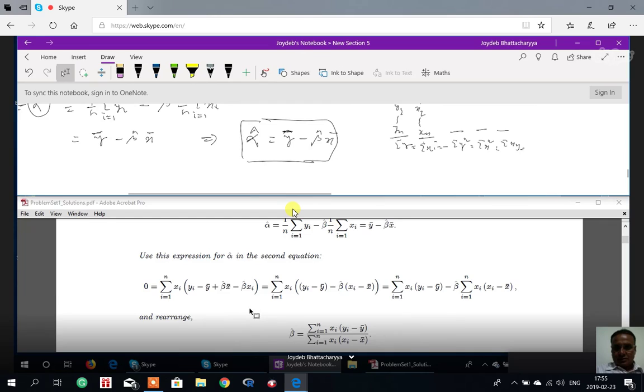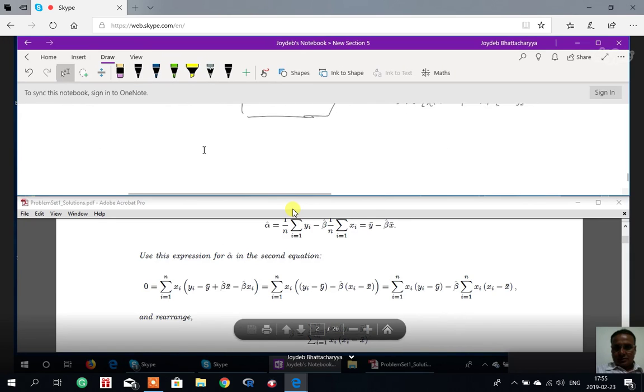Now the question is that they have used it in the second equation. In the second normal equation, if you substitute that, it is a very interesting way of solving it.